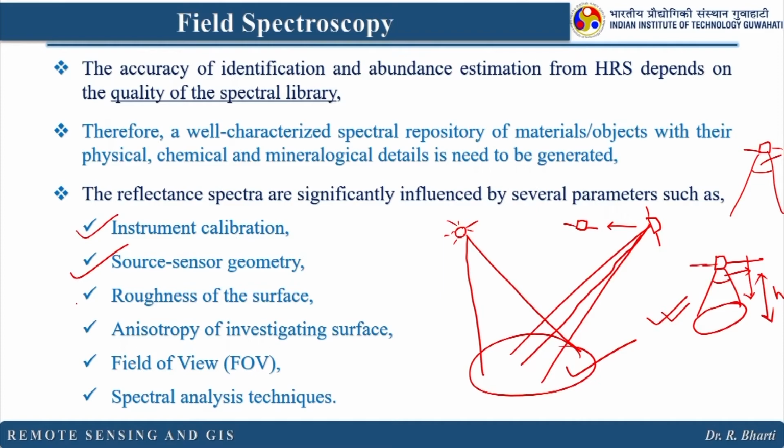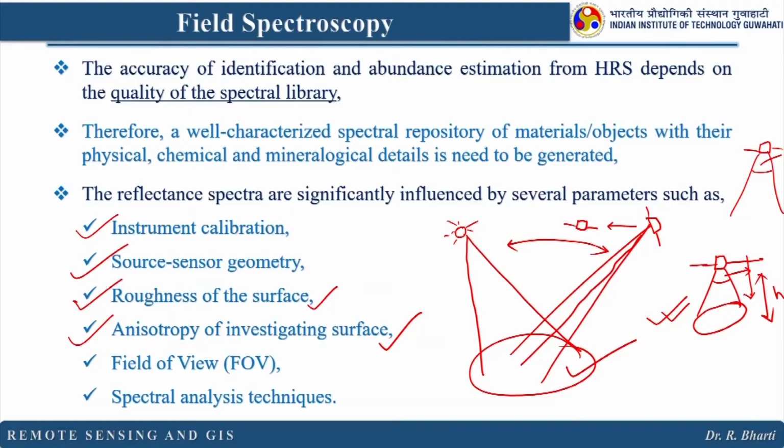Now, the next point is roughness of the surface. Here the surface roughness plays a very critical role. Why? Because that will introduce the BRDF concept. Now, next is anisotropy of investigating surface. The composition of the material also controls this particular measurement, right.